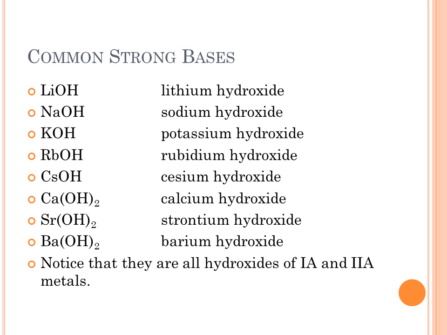But note, they are the group 1A metal hydroxides and the heavier group 2A metal hydroxides. Many hydroxides are not very water soluble, which is why many of them don't act as strong bases. They just don't dissolve in water significantly enough. Many of those bases are called sparingly soluble bases.